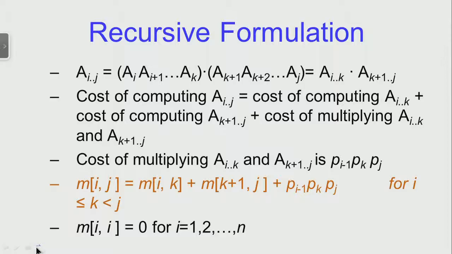And indeed, the number of multiplications to compute an empty product is 0, that is, m[i, i] is the cost of multiplying Ai, where there are no multiplication operations involved. Therefore, this is taken to be the value 0.